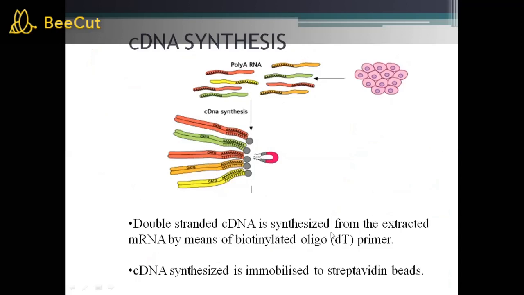The double stranded cDNA molecule is synthesized from the extracted mRNA by means of a biotinylated oligo-dT primer. We use the biotinylated oligo-dT primer so that we can get the double stranded cDNA molecule. Then the synthesized cDNA is immobilized to streptavidin beads, so that cDNA will bind to the streptavidin beads.